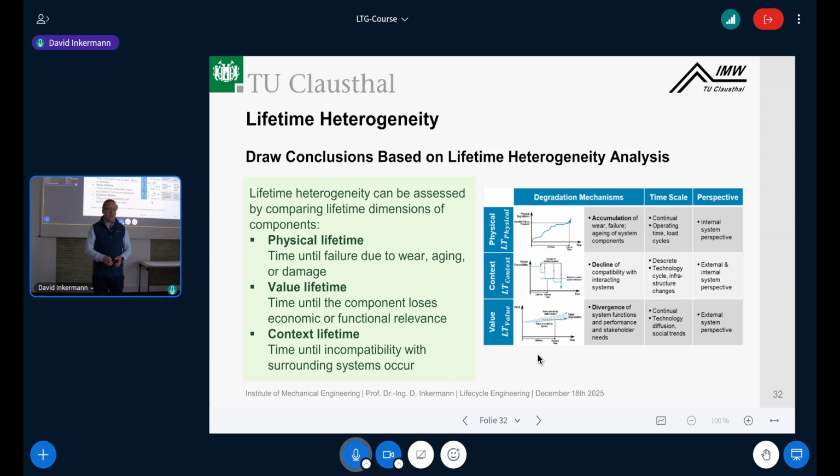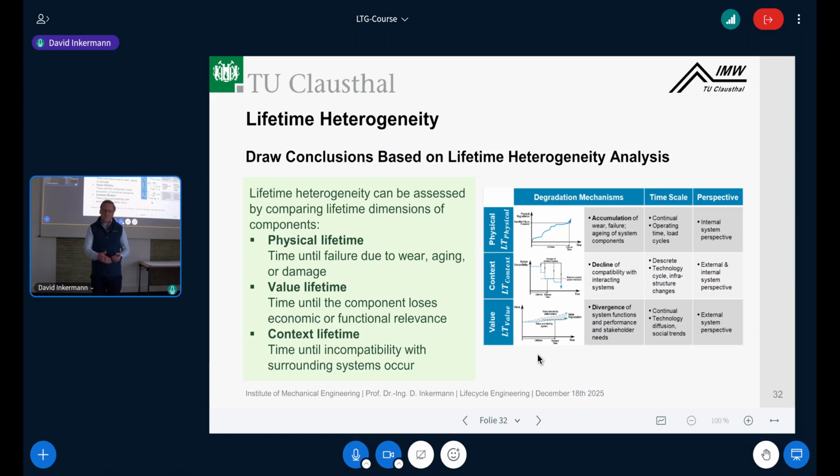On the other hand, you have also the context lifetime. I think that is what you know from different products. There might be interfaces like, for instance, the physical interface for charging your smartphone.